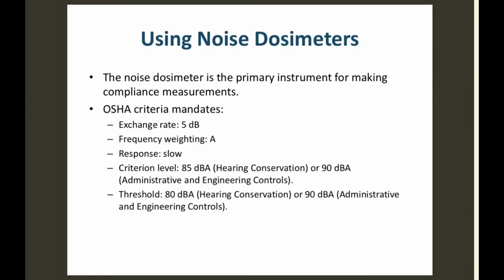So the dosimeter is the primary instrument for making compliance measurements. Why is it the primary? I mentioned this already, but I want to emphasize it. Why is the dosimeter the primary compliance device for OSHA as opposed to the sound level meter?